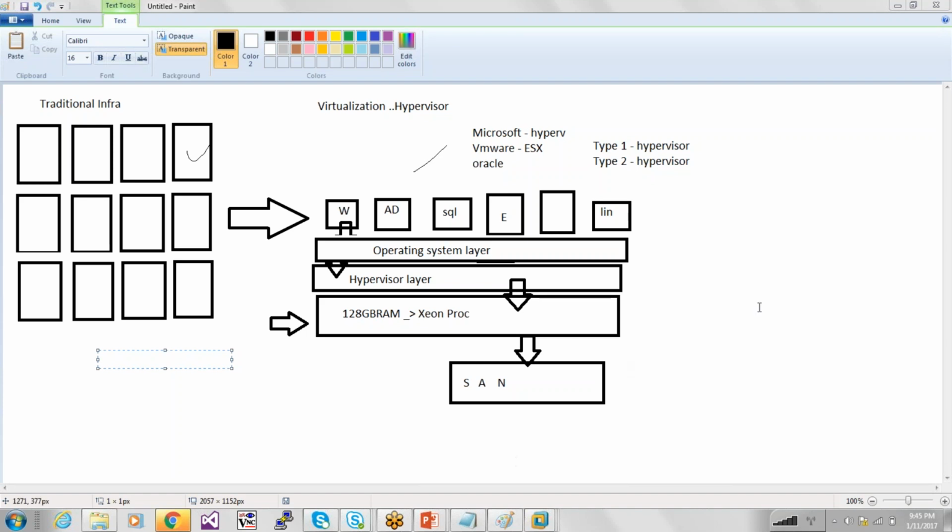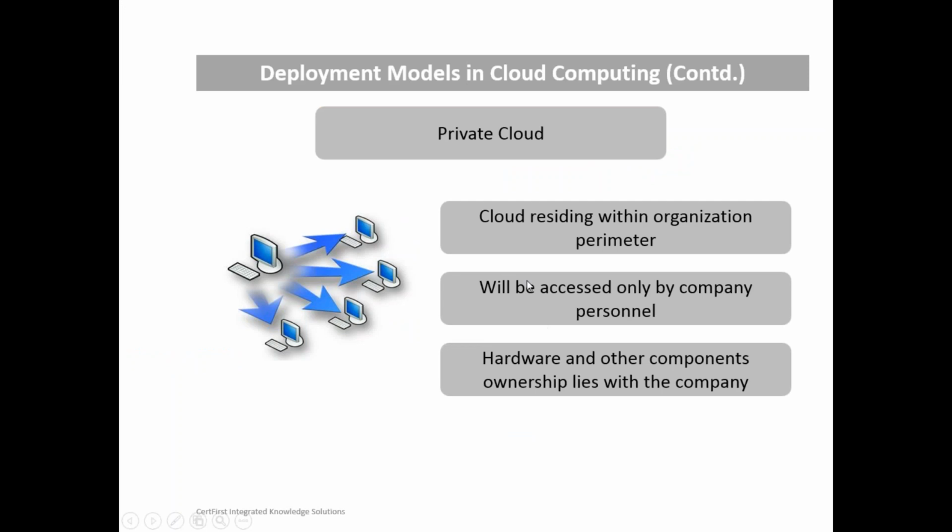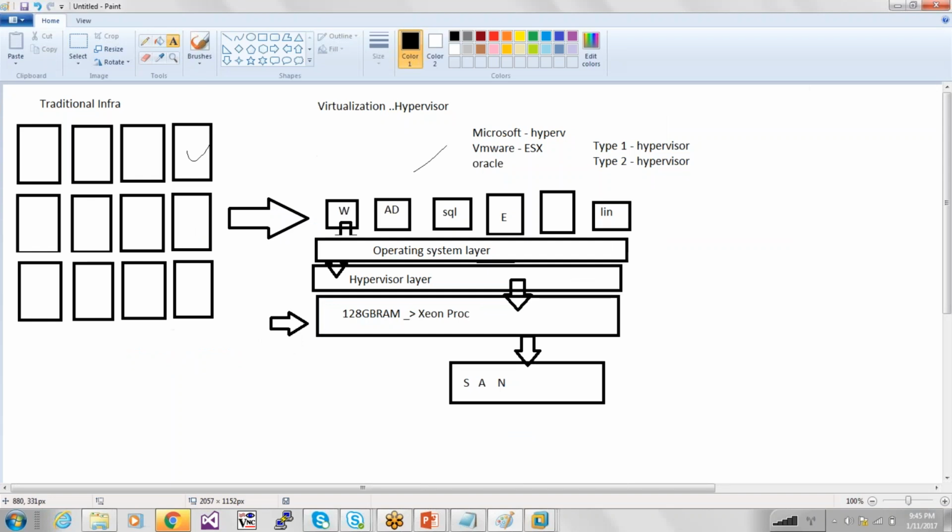Whereas in the PowerPoint, I'm saying that it will be accessed only by the company personnel. The hardware and other companies' ownership lies within the company. Then what is the difference between virtualization and private cloud?